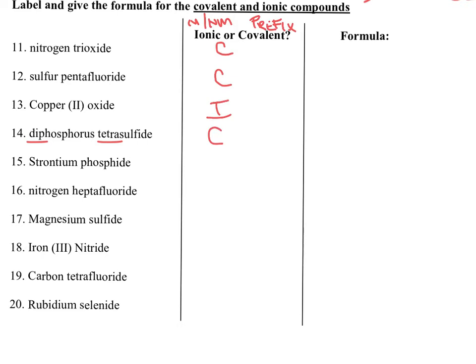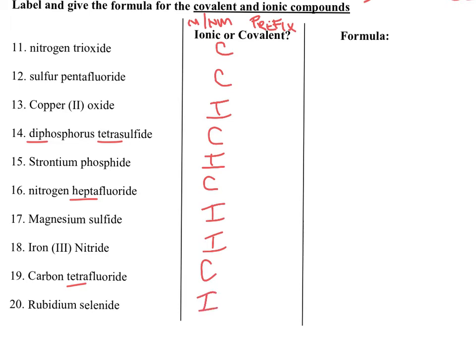Strontium phosphide is a metal and a nonmetal, so that's ionic. Nitrogen heptafluoride, prefix, so it's covalent. Magnesium sulfide is a metal and a nonmetal, that's ionic. Iron(III) nitride, iron's definitely a metal, so this is ionic. Carbon tetrafluoride has a prefix, so that's covalent. And rubidium selenide. Rubidium on the periodic table is a metal, so this must be ionic.